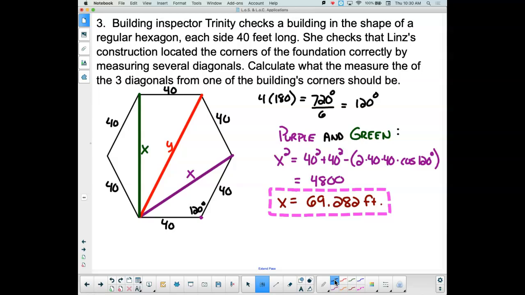What else do we know? Sorry, the two last angles are 60 on the pentagon.